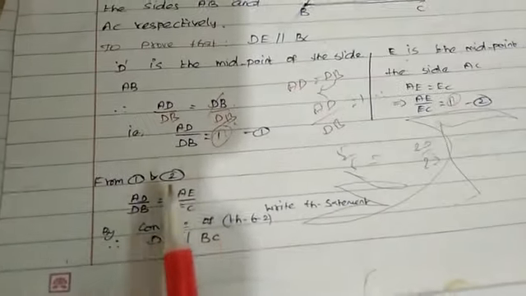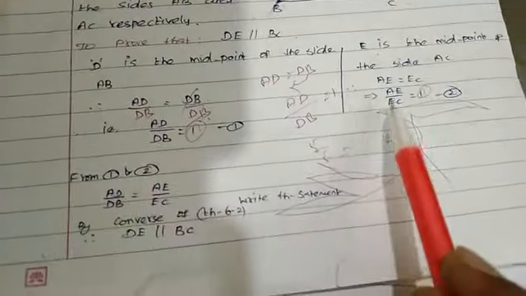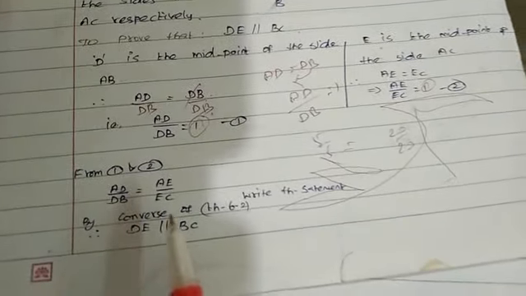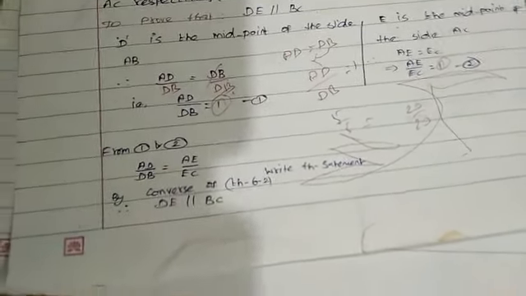That's why from 1 and 2 I can write these are equal. After that, the ratios are equal. If the ratios are equal, we can write the parallel condition, that is theorem 6.2, the converse part: if a line divides any two sides of a triangle in the same ratio, then the line is parallel to the third side.